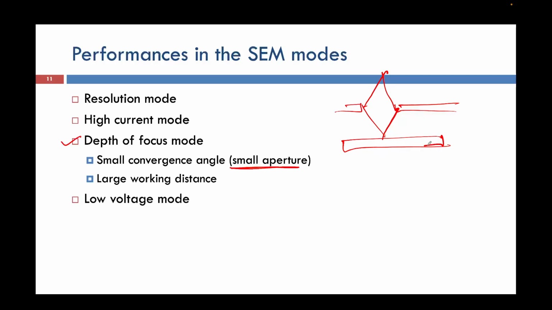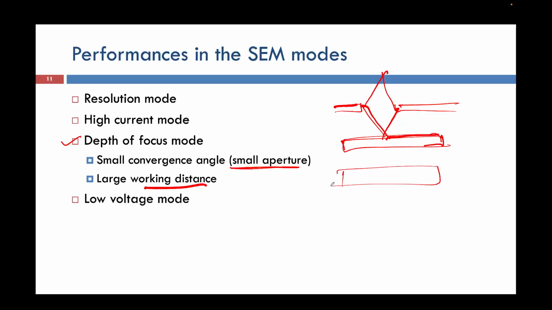We will see how the depth of focus mode works later, but a small aperture means a small convergence angle also, if we are keeping our working distance the same. In that case, small convergence angle gives large depth of focus. If we are increasing the working distance, then in that case also our convergence angle will be low.